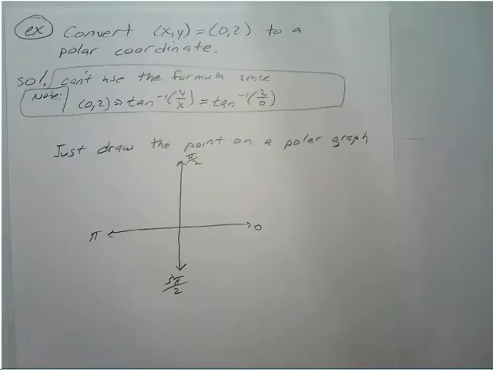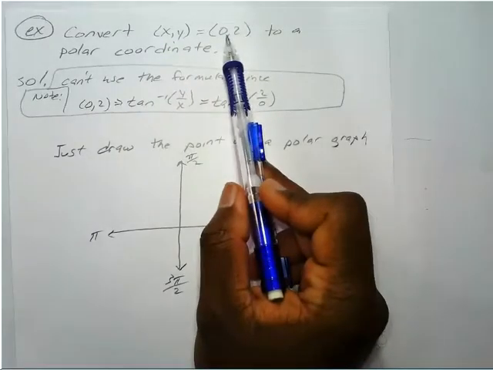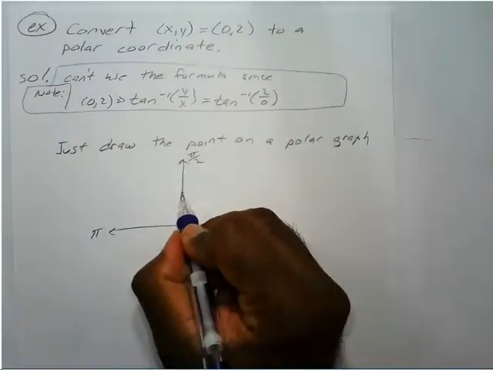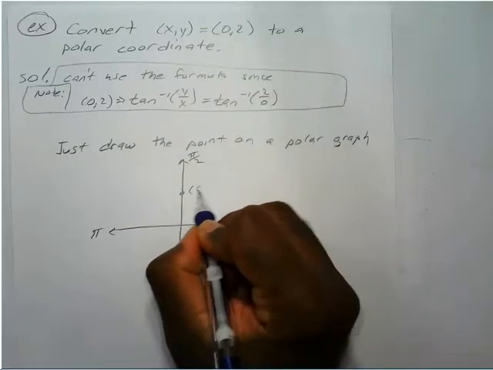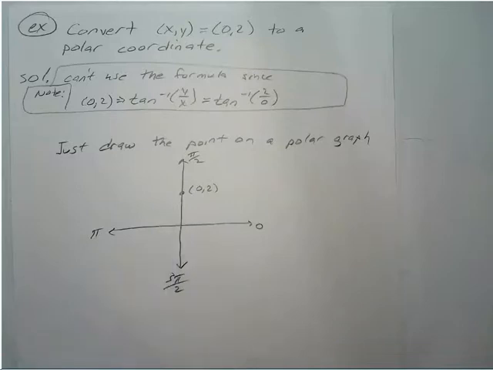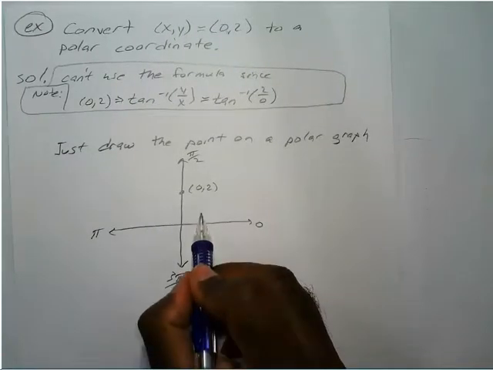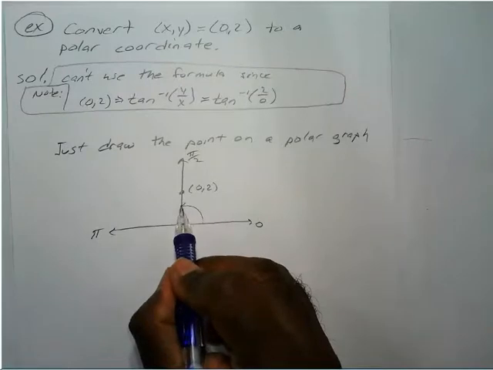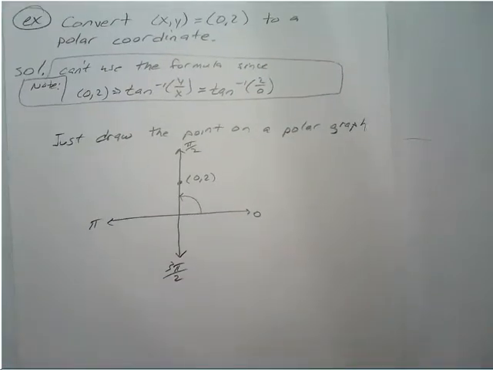Now we just plot our point, (0, 2) here. Everything you need to know to convert that is right at that point. We see that our theta for that point is pi over 2.